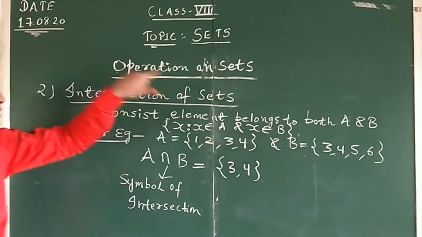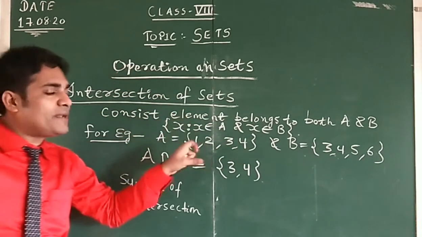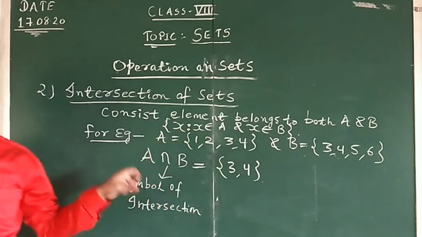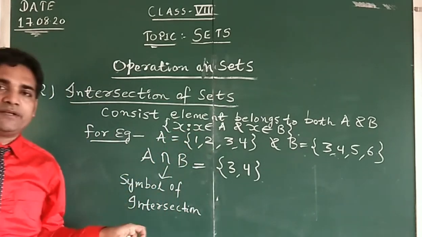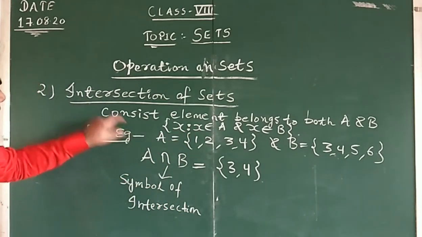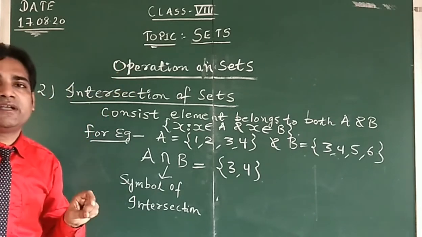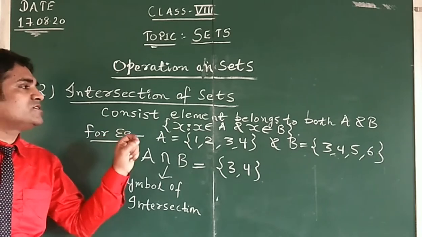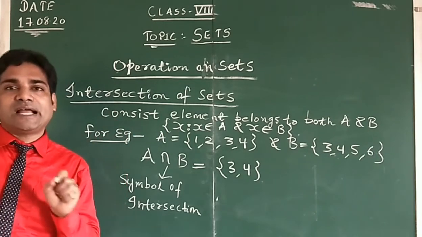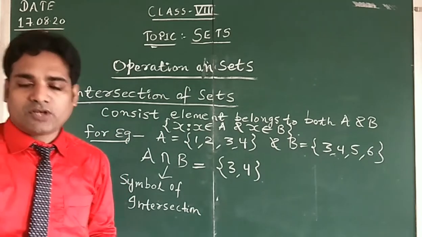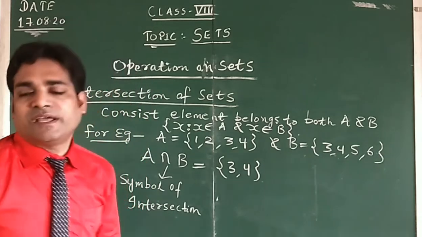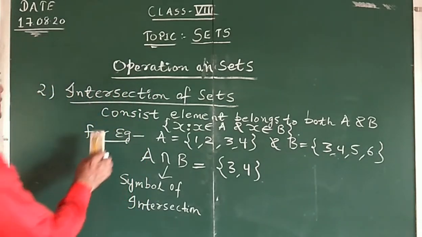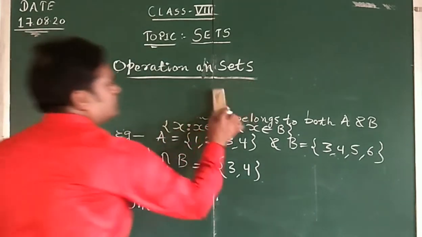Why? Because we have to take the common elements of both A and B. So intersection of sets is the set of all those elements which are in both set A and set B. Now, the third operation is the difference of two sets.